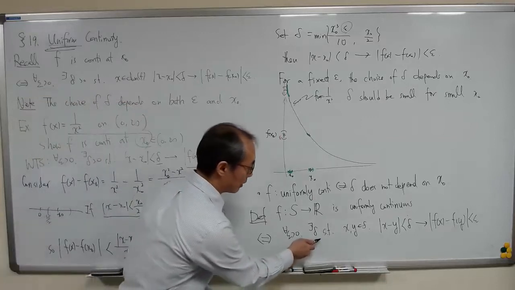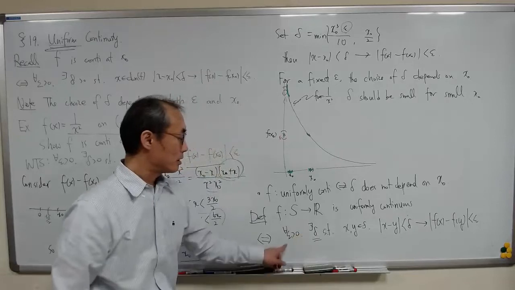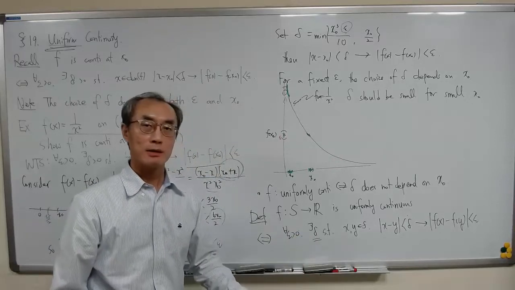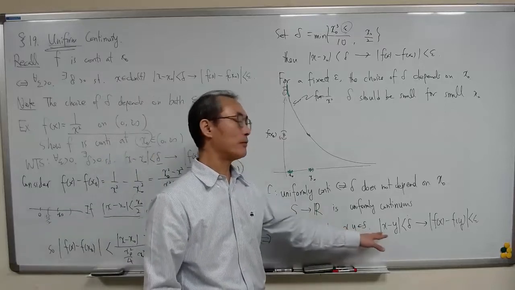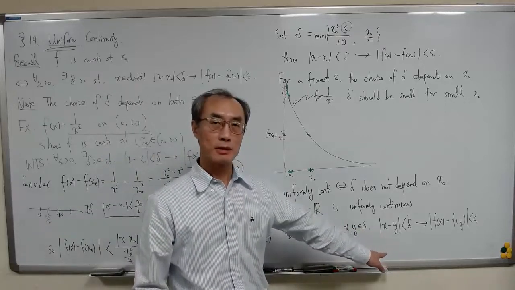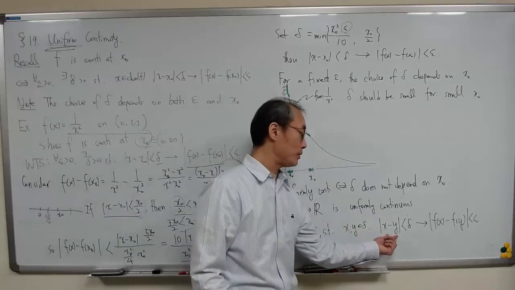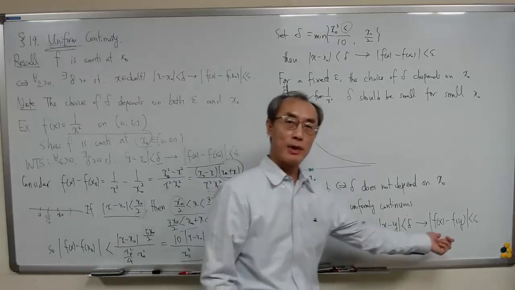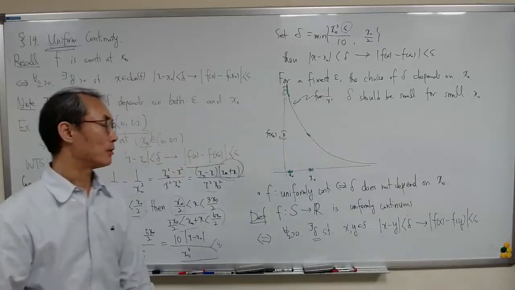This delta depends on epsilon. However, this delta does not depend on any value in the domain of definition. There is no fixed point. For this delta, if the distance between two points in the domain of definition is smaller than delta, the difference of the corresponding values is smaller than arbitrary epsilon.